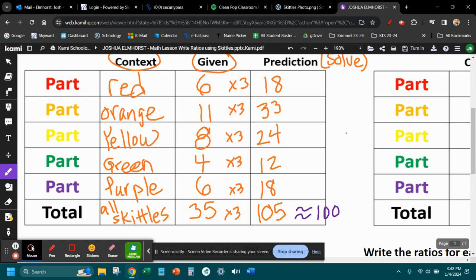Is 100 above or below 105? Just a little bit below. So if we go up here and estimate, a little bit below 18 would probably be 17. So using purple for the percents, we can estimate the percents within those packs of Skittles.